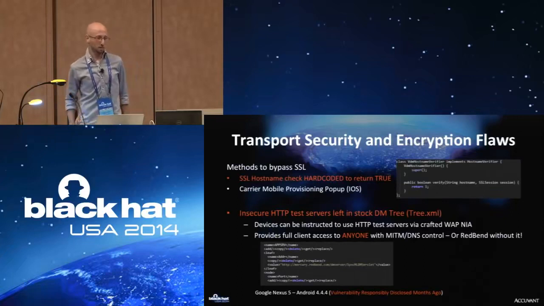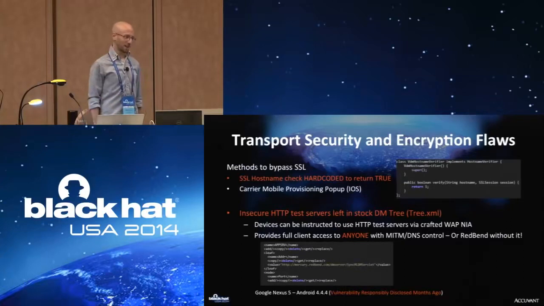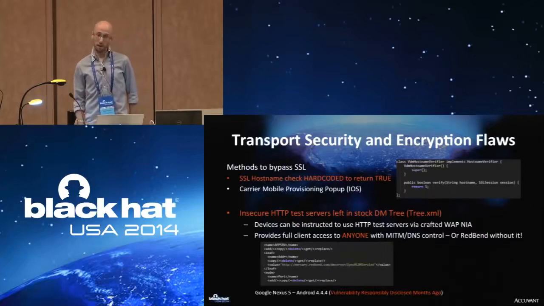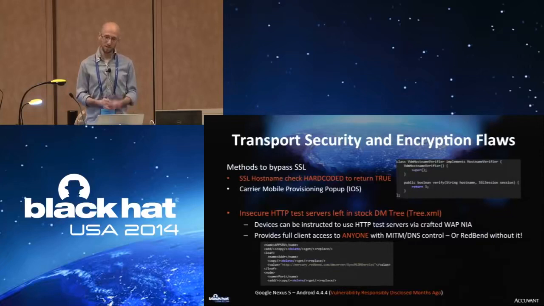With a single WAP push, not your carrier, an attacker can access the full functionality of your device. That does not require a base station or any kind of man-in-the-middle. All it requires is access to send one WAP push. Oh, and it doesn't even verify the MEID in the WAP push itself.